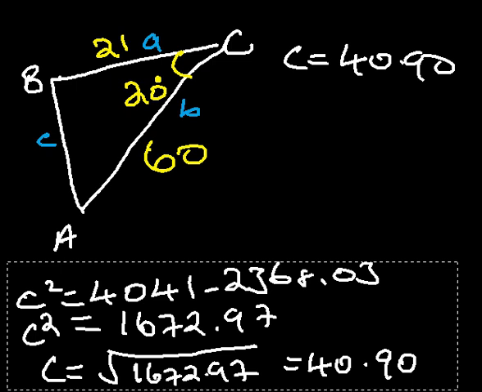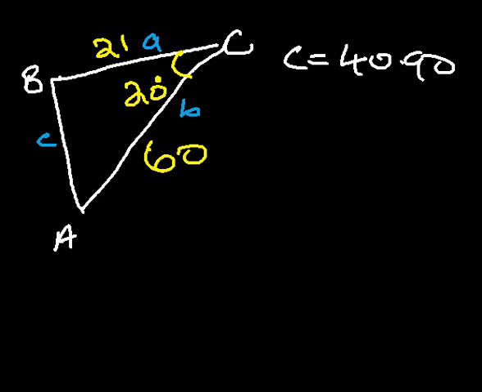Now we can also find the value of the angle B as well as the angle A. Let's find the angle B using the cosine rule as well.